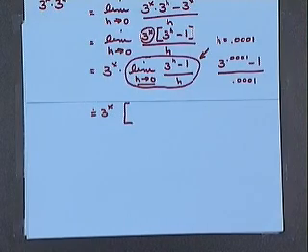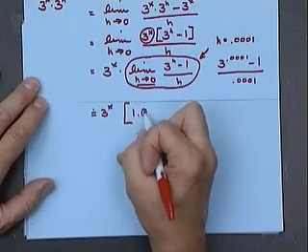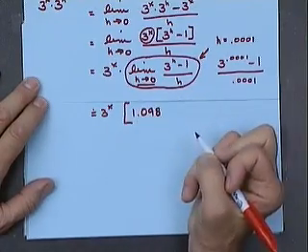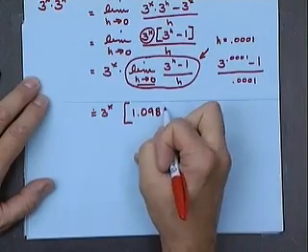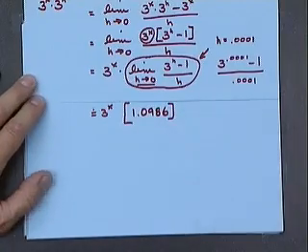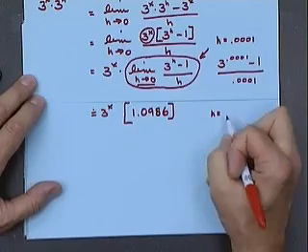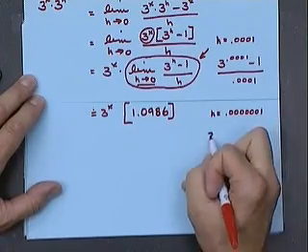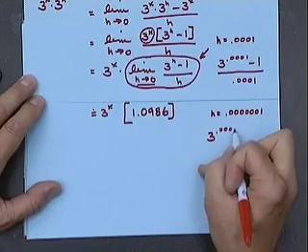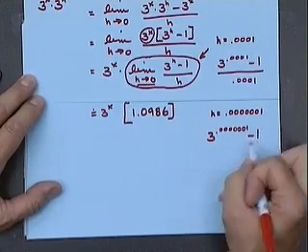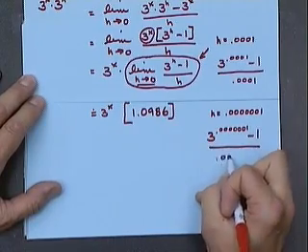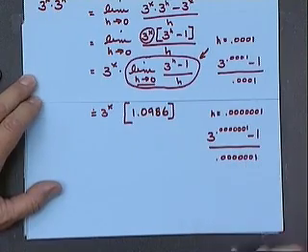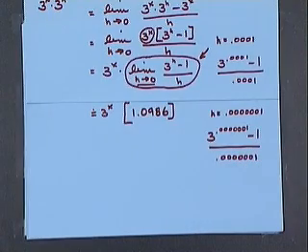Anybody? 1.0986. Anybody get the same? Get some agreement on that? Do you think it's going to change much if we let h take on a smaller value? No. I don't think it's going to change a whole heck of a lot.